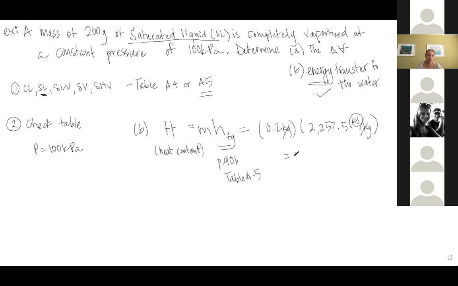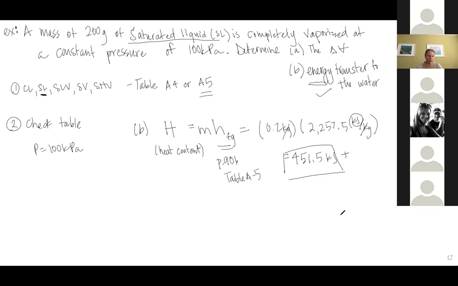And then we have 451.5 kilojoules is our enthalpy that's transferred to the water. So this is probably positive if we're saying our boiling water is our system and we're transferring energy in. We can also just say that it's transferred to the water. We know the direction that it's going.